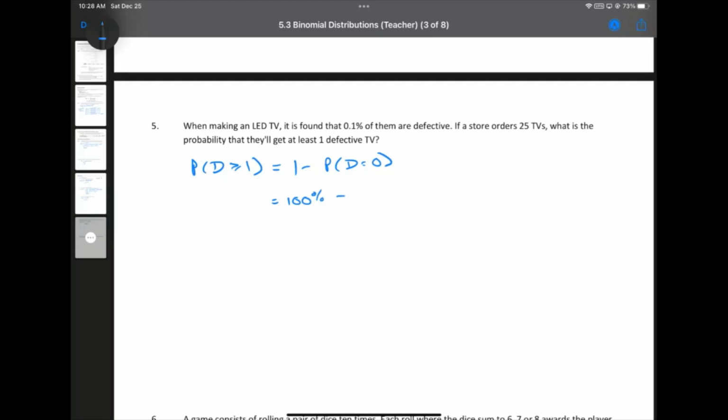And then the probability that defective equals 0, means of 25, I have 0 defective. The probability of success is the probability of being defective, which is 0.1% or 0.001 to the number of defective.